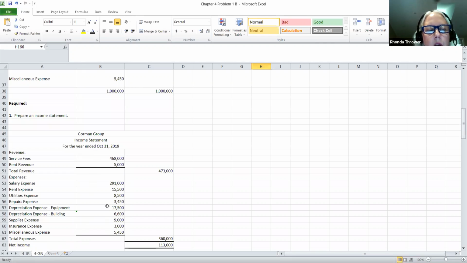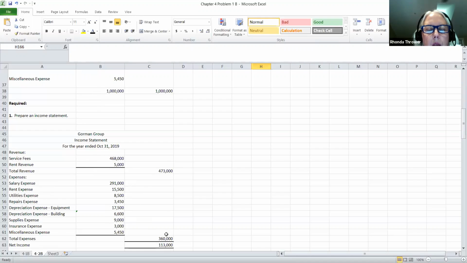And in this situation, all I did is I copied from above my revenue accounts, put the balances in there, and added them together to find the total revenue. I copied the balances from my adjusted trial balance that were expense accounts, and I put the balances in, and then I added all my expenses together.